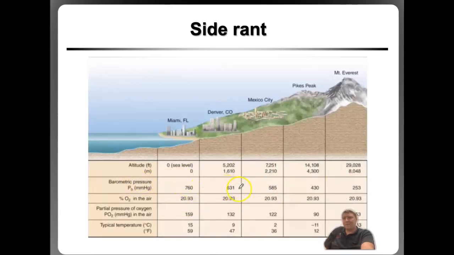At Denver it's going to be 631. Mexico City is even higher, all the way to Mount Everest. If you're trying to climb Mount Everest, you need an oxygen mask and to carry your own oxygen because it's too thin to breathe, even though the percentage of oxygen in the air is exactly the same. It's the pressure that makes it difficult to breathe.